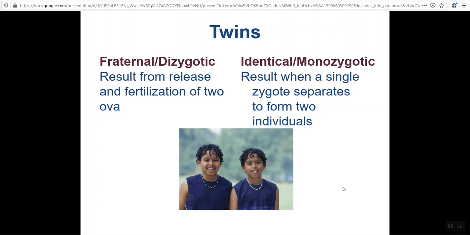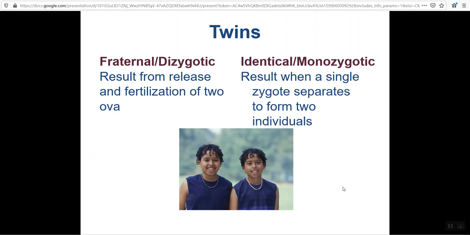Fraternal twins result from the release of two eggs fertilized by two separate sperm. And so those individuals are as related as siblings. However, they share one thing that siblings do not share, which is an identical prenatal environment.